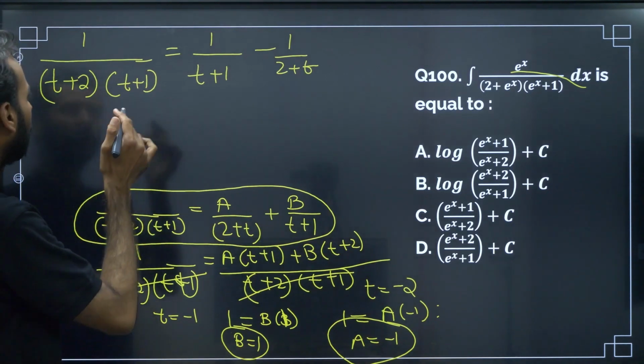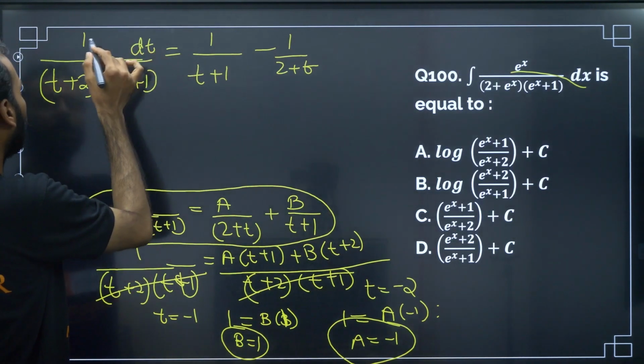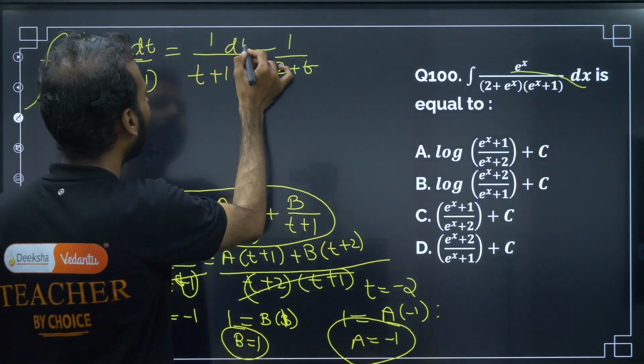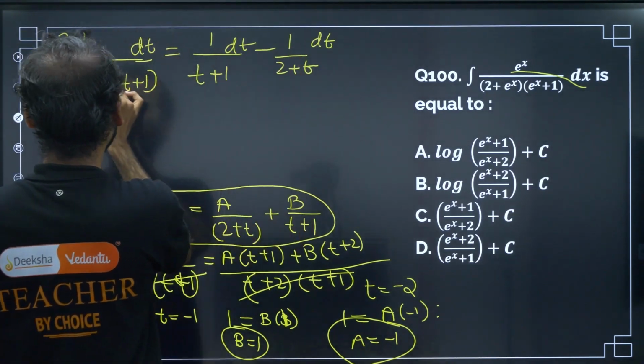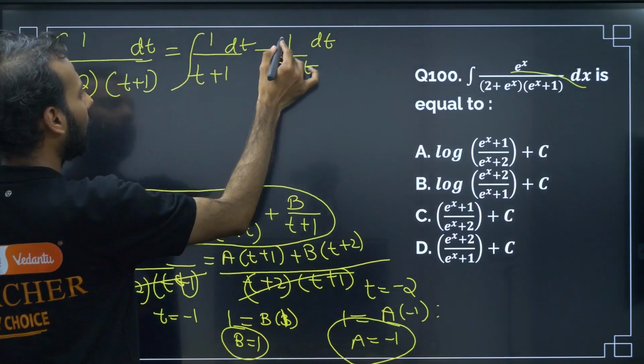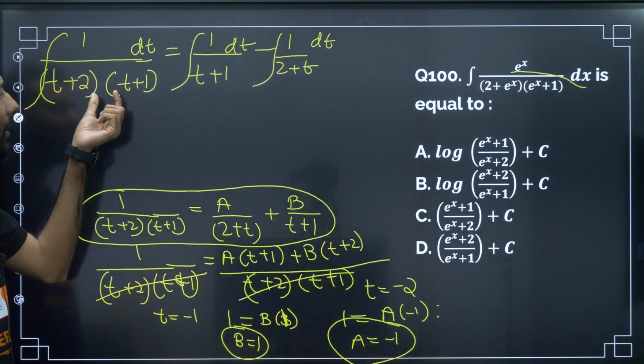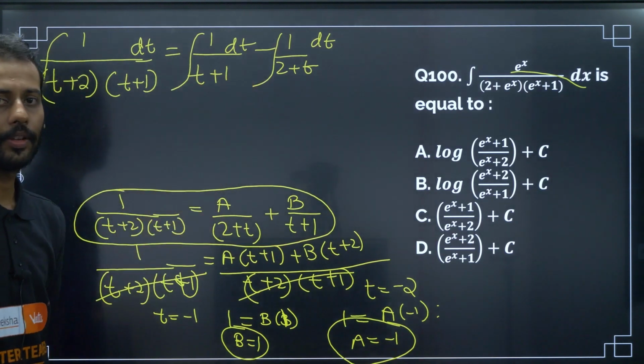If you observe the previous simplification, we were supposed to integrate this, but rather than integrating that, I am applying integration on both sides. So integrating this is the same thing as integrating this.